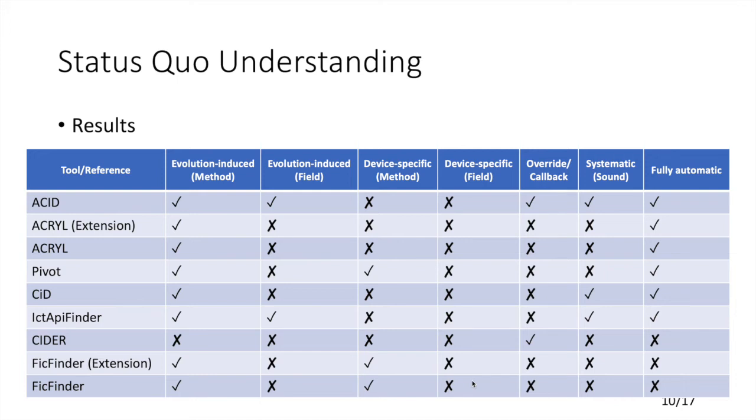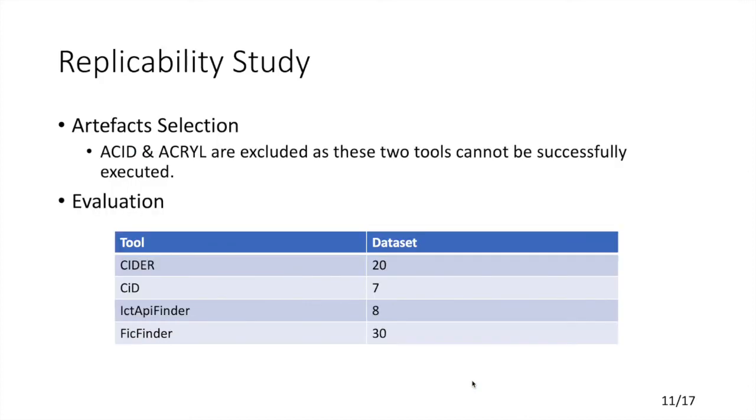In column 7 of the table, we also summarize whether the proposed approach involves a systematic approach to harvest incompatible APIs or not. The last column further highlights whether the proposed approach itself is fully automated or not. An automated approach should not involve any manual efforts that may pose difficulties to replicate.